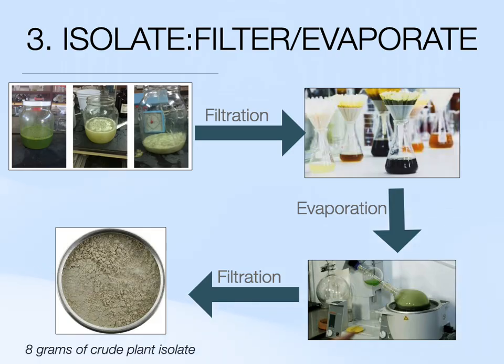And having done that, a further step is now allowed where we can get to our residual plant isolate. In this particular case, we would have started with 2 kilograms of plant parts. And by the time we've carried it through the series of steps, we find that we're at a place of 8 grams in terms of mass.